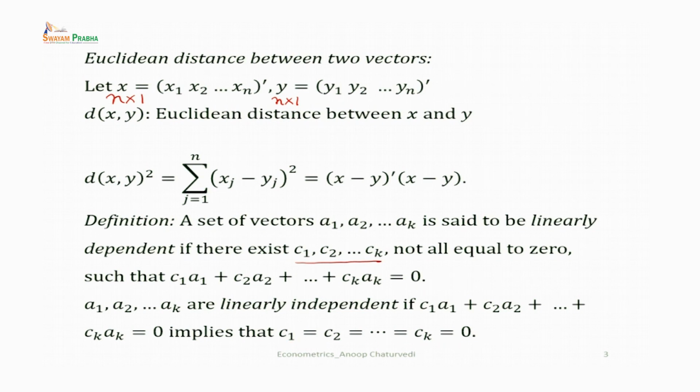So, for linearly independent vectors a1, a2, ak, it is not possible for you to obtain such linear combinations of the vectors with these coefficients or constants c1, c2, ck not equal to 0. If the vectors are linearly dependent, then this equality does not force all the constants c1, c2, ck to be equal to 0.